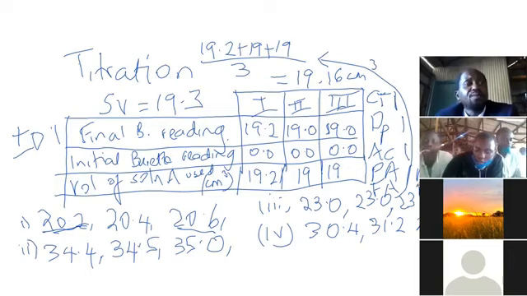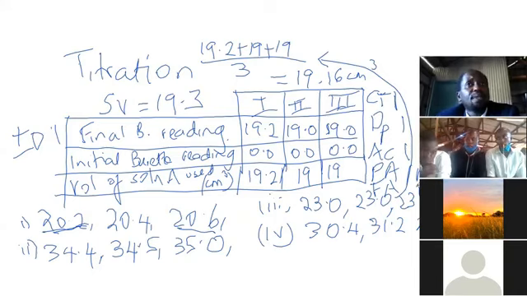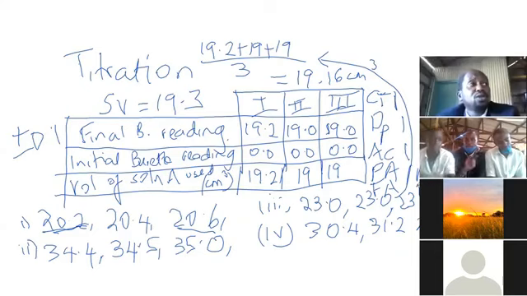If the values are within plus or minus 0.1, then the candidate scores 1 mark. If the values are not within plus or minus 0.1, but they are within plus or minus 0.20 of the teacher's value, teacher's average titer, then we award half a mark. Otherwise, you score final accuracy 0.